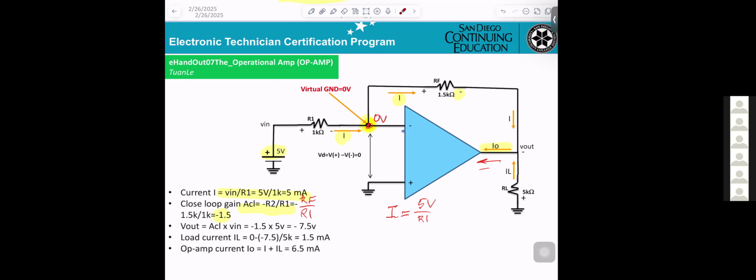That gives you 6.5 milliamp. Okay? That's what I hope, when you're looking into the inverting amplifier, you're able to calculate everything you need. Okay, any question?